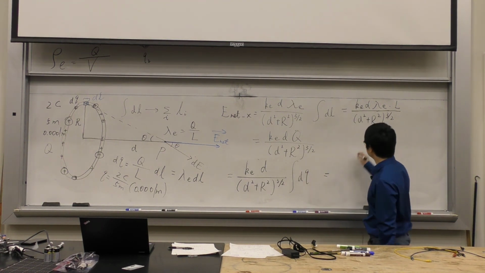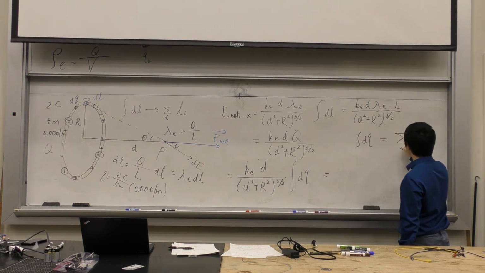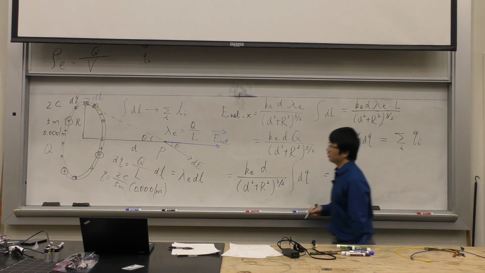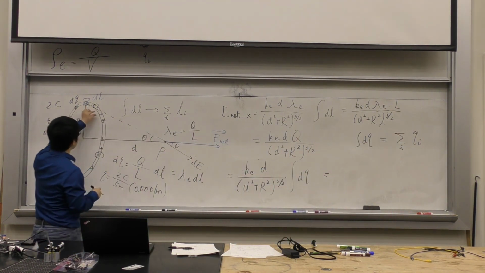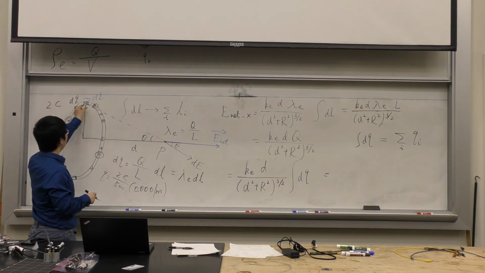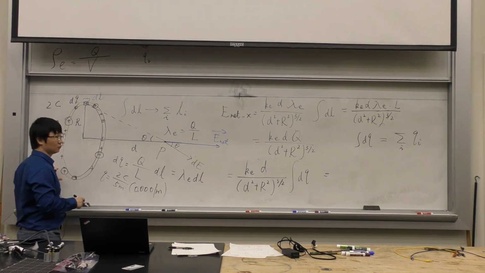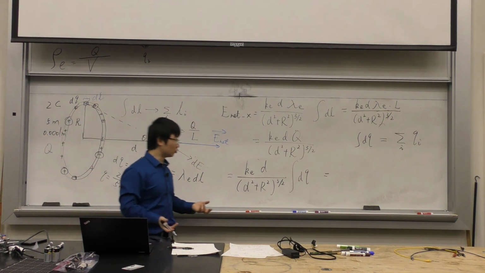That means this is just going to be equal to, you add all these charges together. So you pick small pieces of infinitesimal charge, and then you just add all these little q's together. What do you get? You just get the total charge, right?